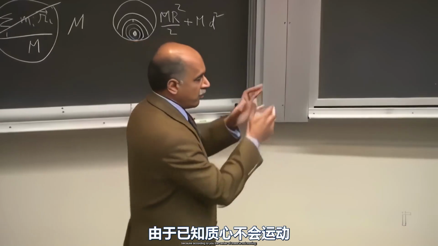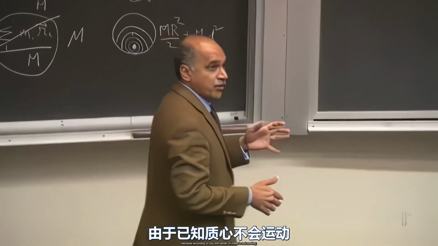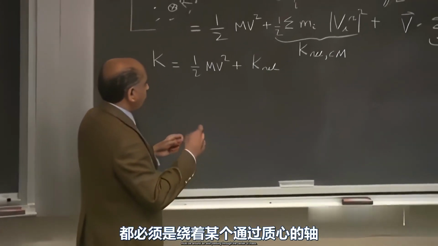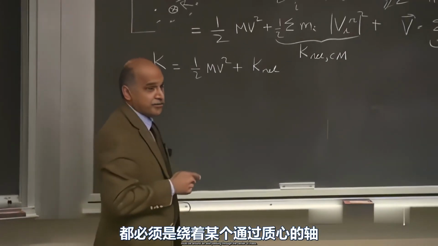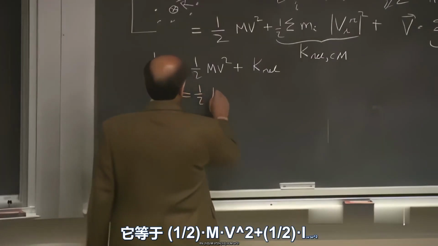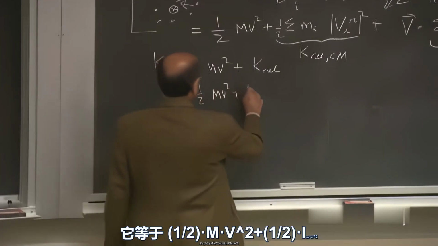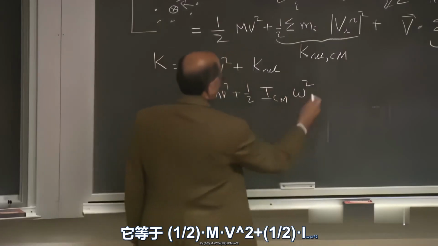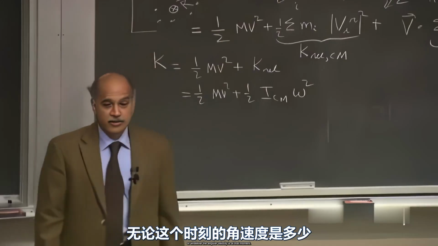But that's not allowed, because according to you, the center of mass is not moving. Therefore, any rotation that takes place must be around an axis passing through the center of mass. In that case, we know what the kinetic energy is. It's 1/2 mv squared plus 1/2 I_cm omega squared, where omega is whatever the angular velocity is at that moment.